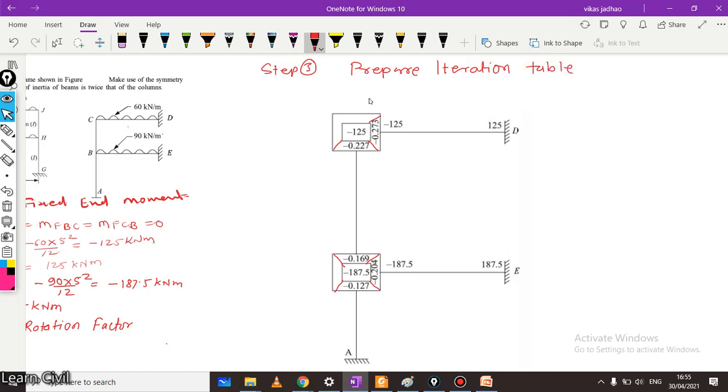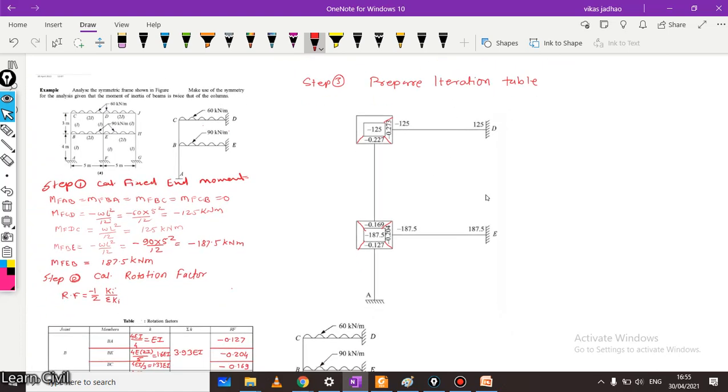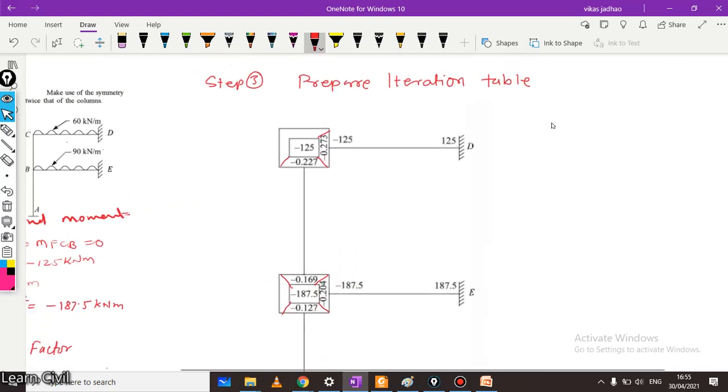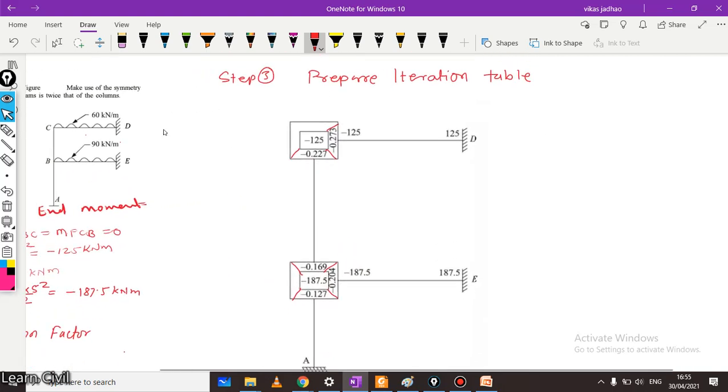Our formula for calculating the rotation contribution is: rotation contribution is equal to rotation contribution at far end, plus summation of fixed end moment multiplied by rotation factor for that particular beam.